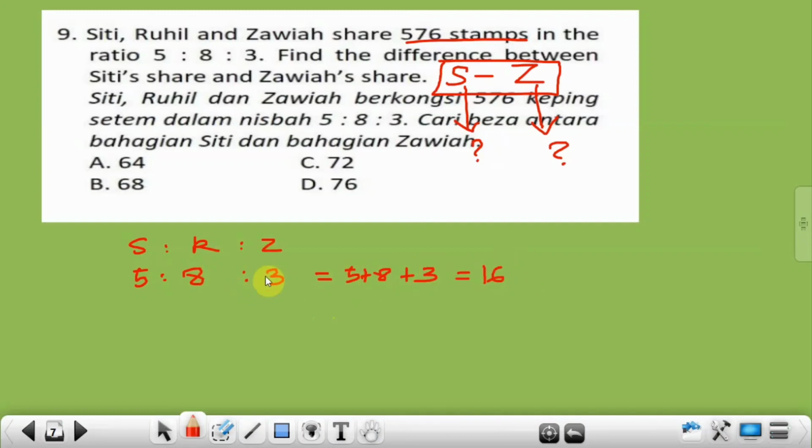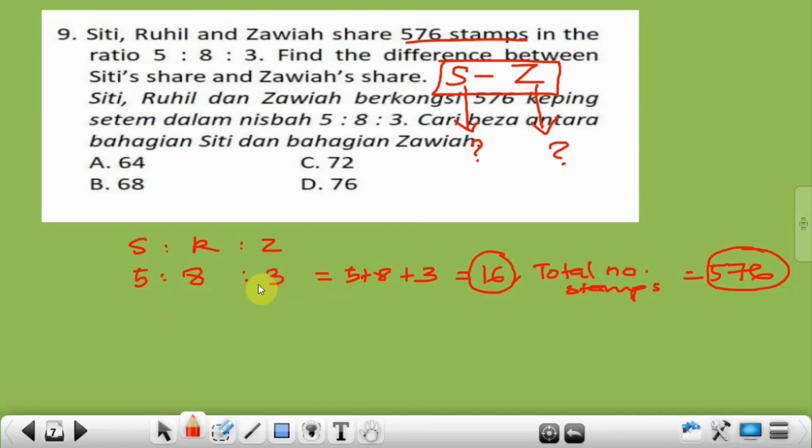And we know that the total number of stamps is stated there, 576. So it means that this 16 is the ratio form of 576. Okay, so this one we can equate them.